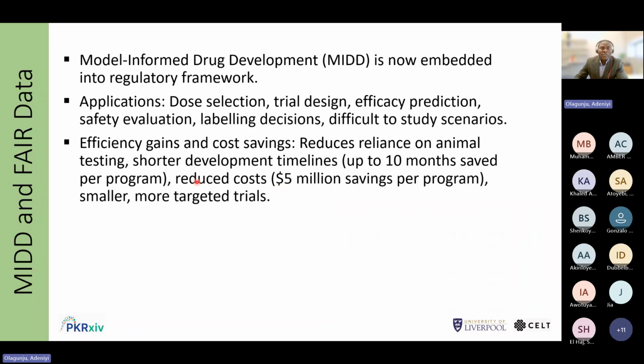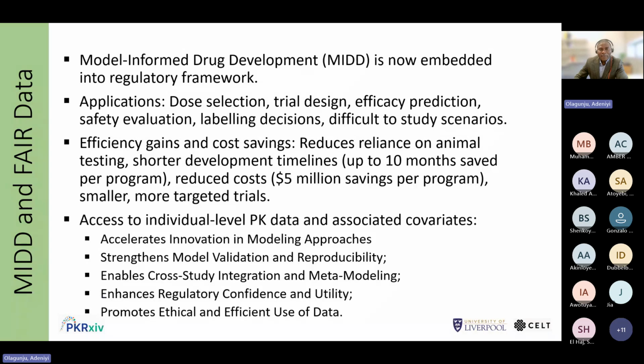It also shortens drug development timelines. A study confirmed that up to 10 months can be saved if model-informed drug development strategies are adopted as part of the drug development process. It reduces costs by $5 million per drug development program. And it also facilitates smaller and more targeted clinical trials. So these are just some of the benefits.